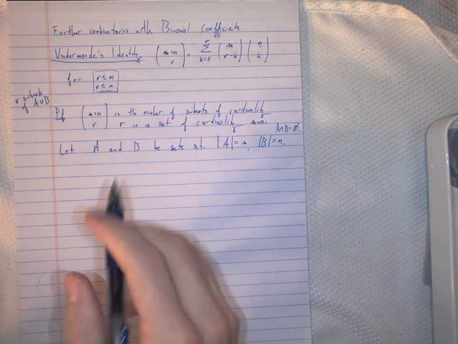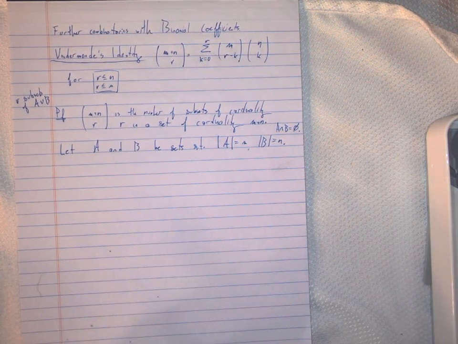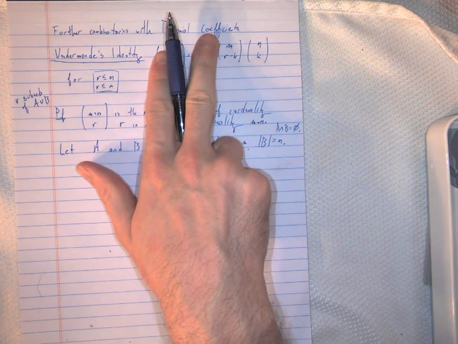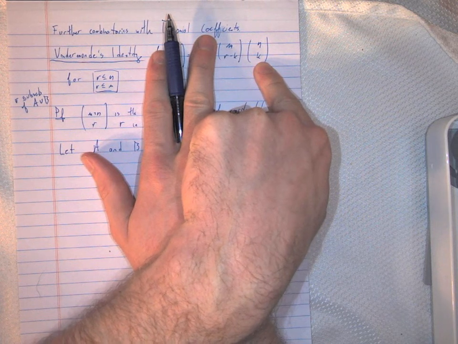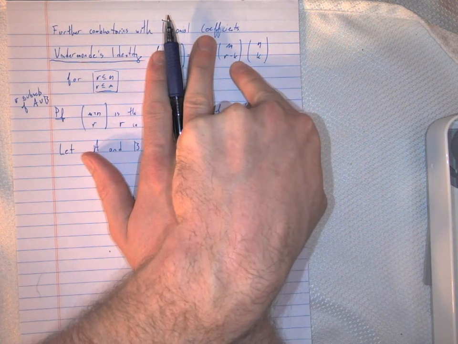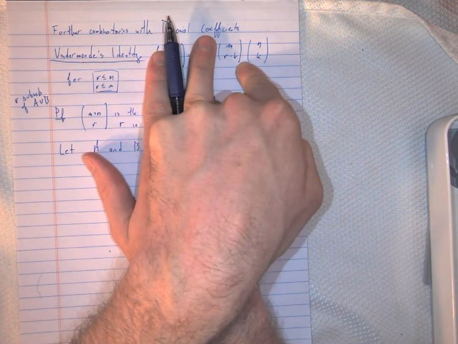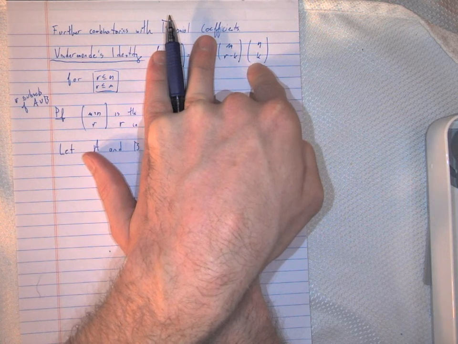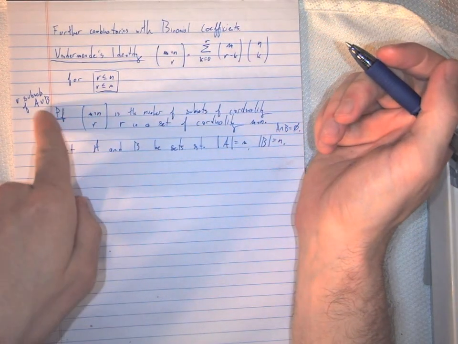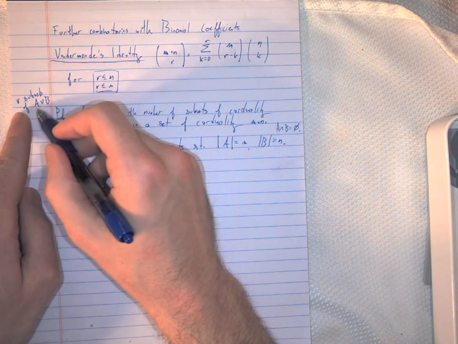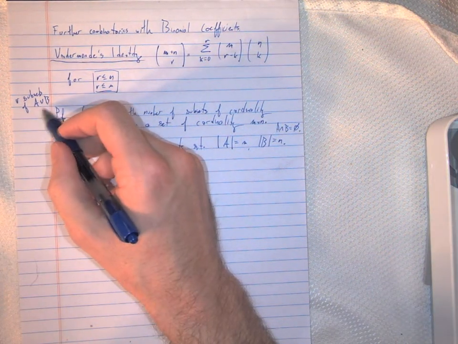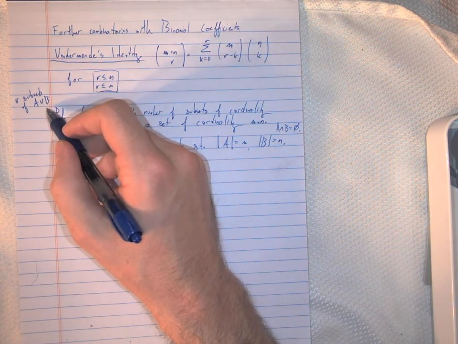Okay, so let A and B be sets such that the cardinality of A is m and the cardinality of B is n. Then if we forget this summation, what we're doing is picking k elements from set B, and picking r minus k elements from set A. Well, every subset of A union B you can think of as: what elements from A does this subset contain, and what elements from B does this subset contain?